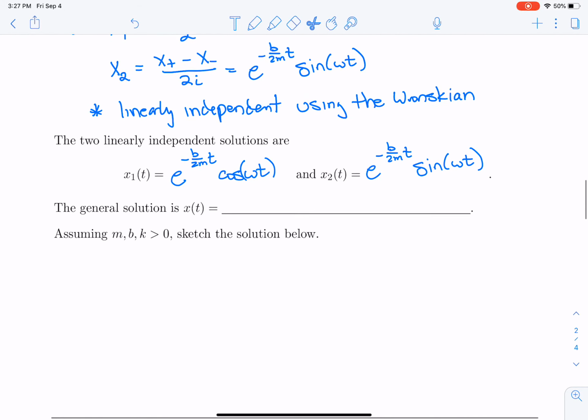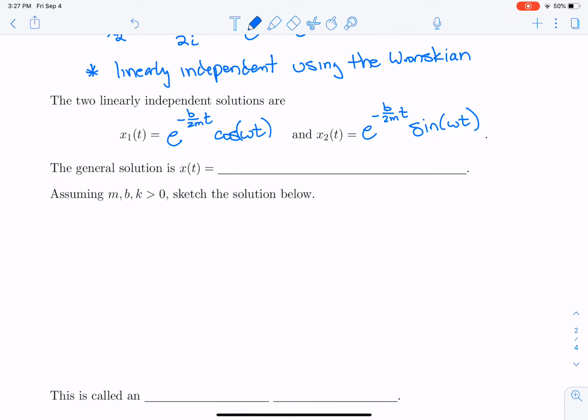And so the general solution is going to look like C1 times cosine of omega t plus C2 times sine of omega t. And then I'm going to go ahead and factor the e to the minus b over 2m t out.